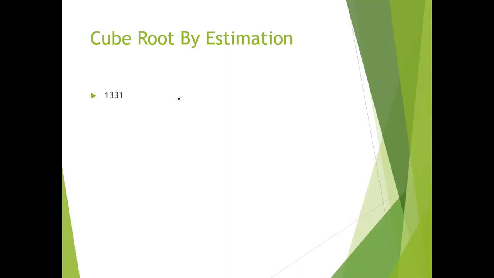Now, cube root by estimation. This is the method that can be applied when we know the number is a perfect cube. We already know the number is a perfect cube. What we have to do is take the number and make two groups. How will we make two groups?